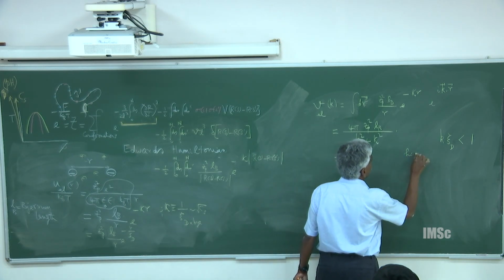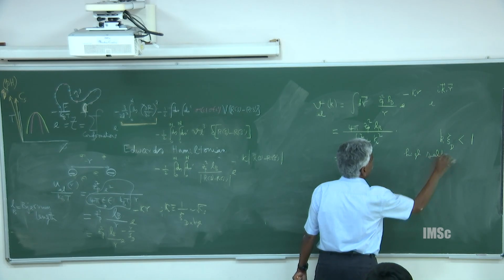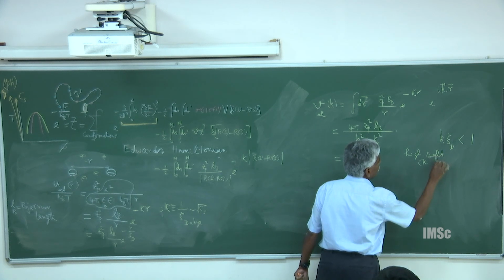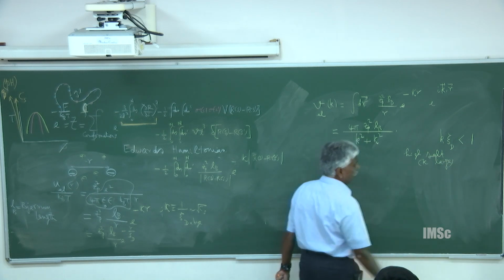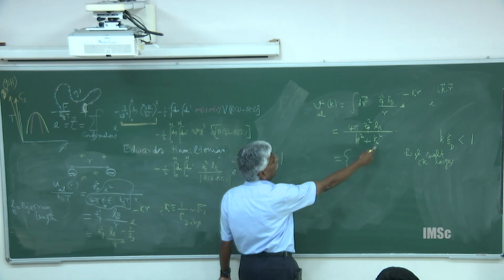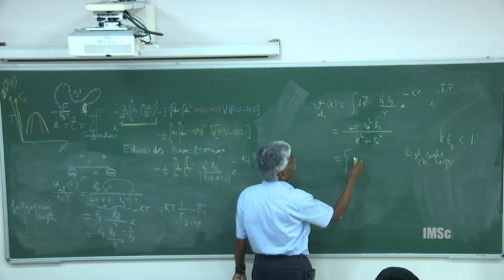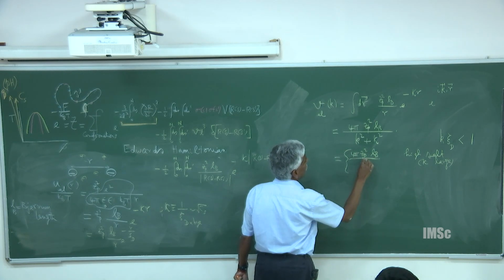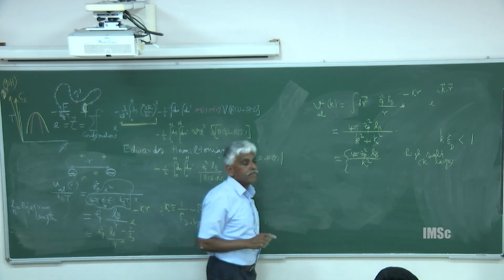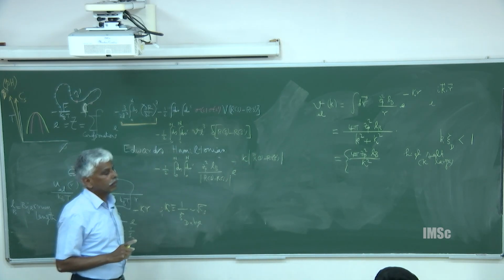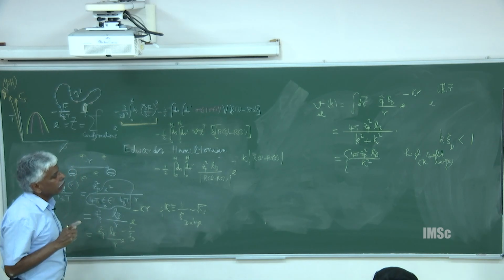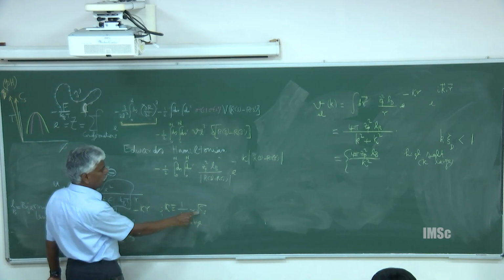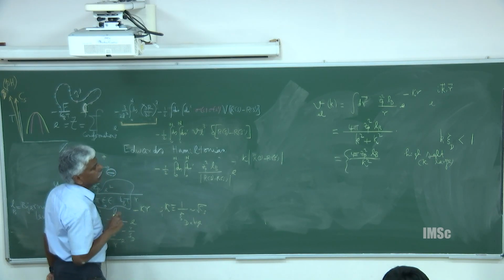This is high salt, a large amount of salt, so kappa is large. What happens? This is large, therefore this turns out to be 4 pi Zp square Lb over kappa square. There is a very important conclusion that comes out. Kappa is the square root of salt concentration. Kappa square is salt concentration.